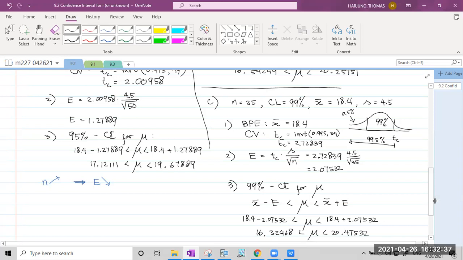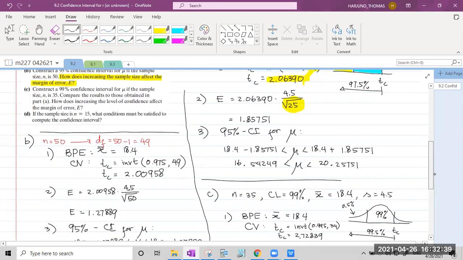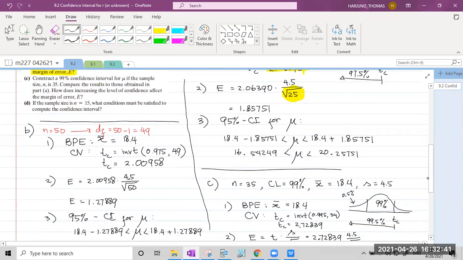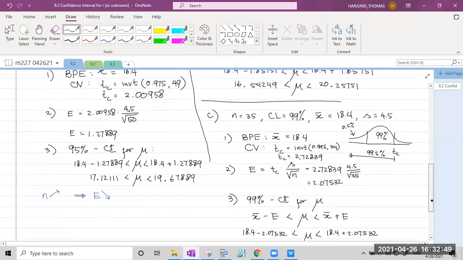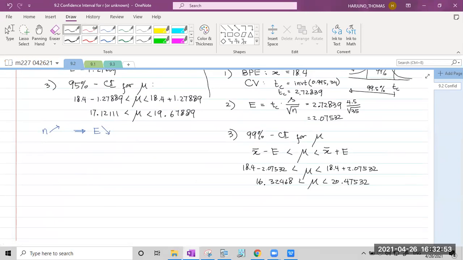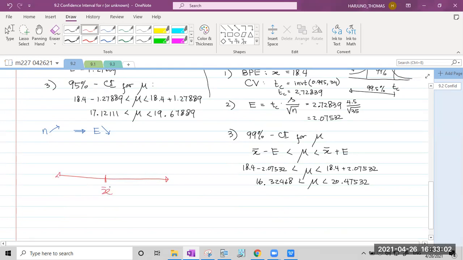So you see from these examples here that different confidence level and different sample size will give us different confidence interval. Now, all of these confidence intervals will be centered at best point estimate, just the way we did confidence interval for mu when sigma is known, where the confidence interval is basically best point estimate x bar plus and minus margin of error.